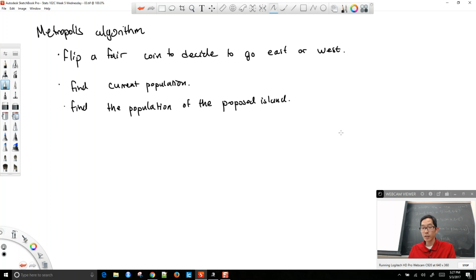If the proposed island has a population that's bigger than the current island, we will go to the proposed island.